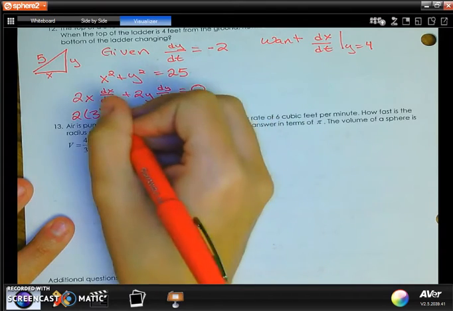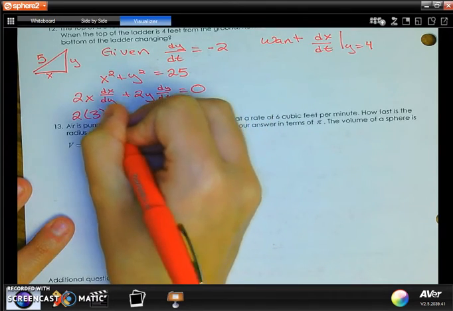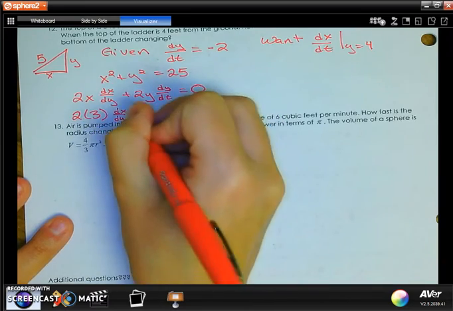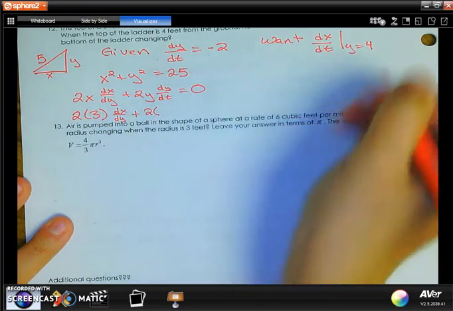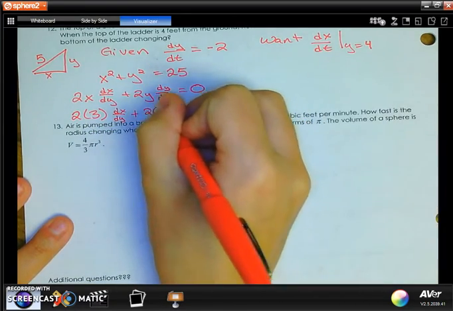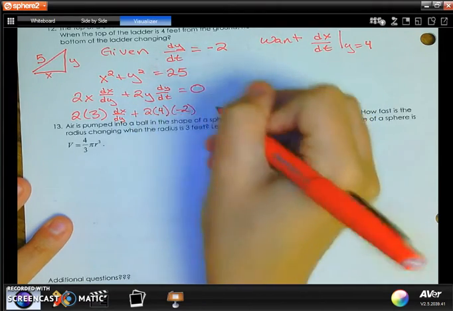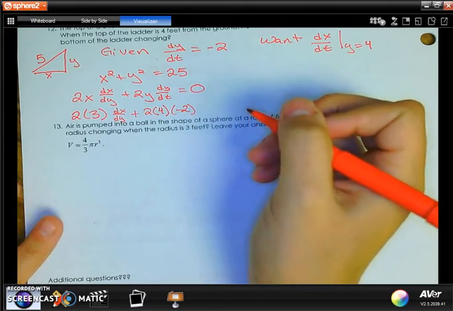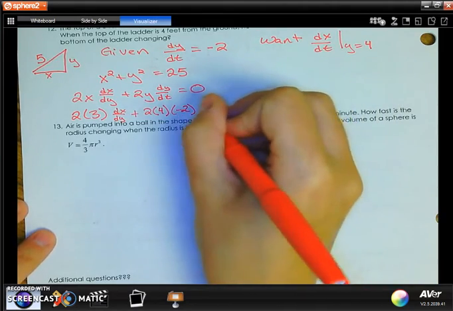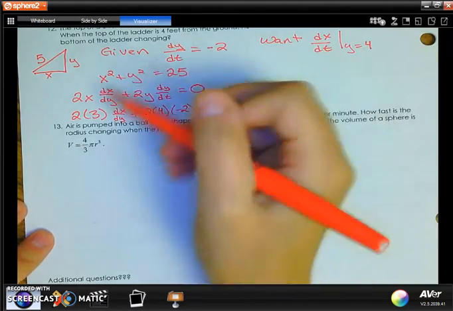And dx/dt is what I'm trying to figure out, so that's going to stay my variable. Plus 2, my y value is going to be a 4. And my dy/dt is a -2. Okay, so I'm plugging that in. That equals 0. And now it's just a matter of cleaning up.